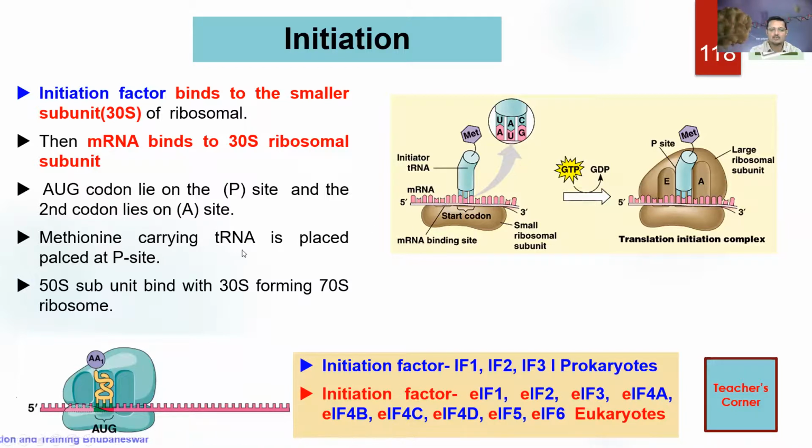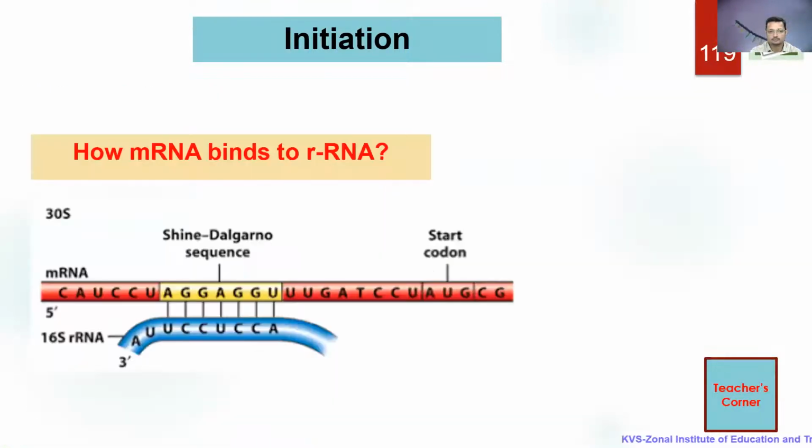So methionine-carrying transfer RNA is placed at the P site, and the 50S subunit binds with 30S, forming the complete unit. This is called the translation initiation complex. It is now ready to invite other tRNAs to bring more amino acids.